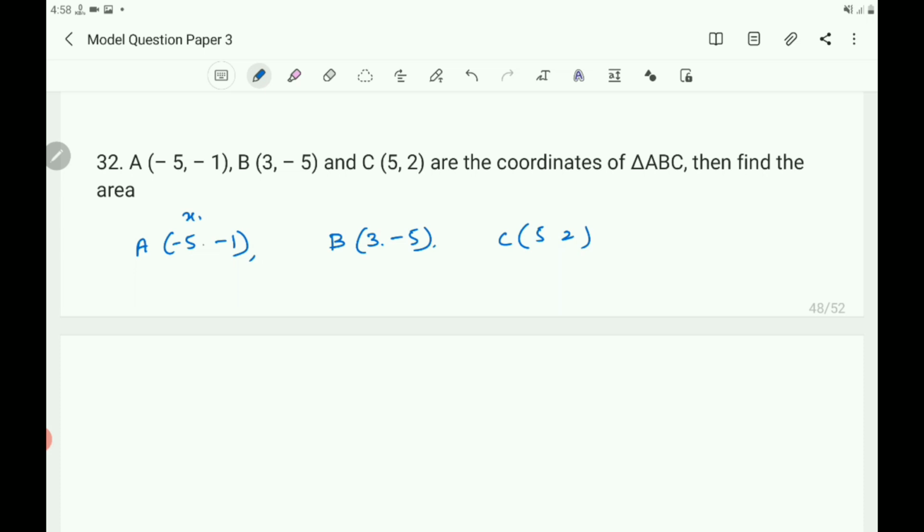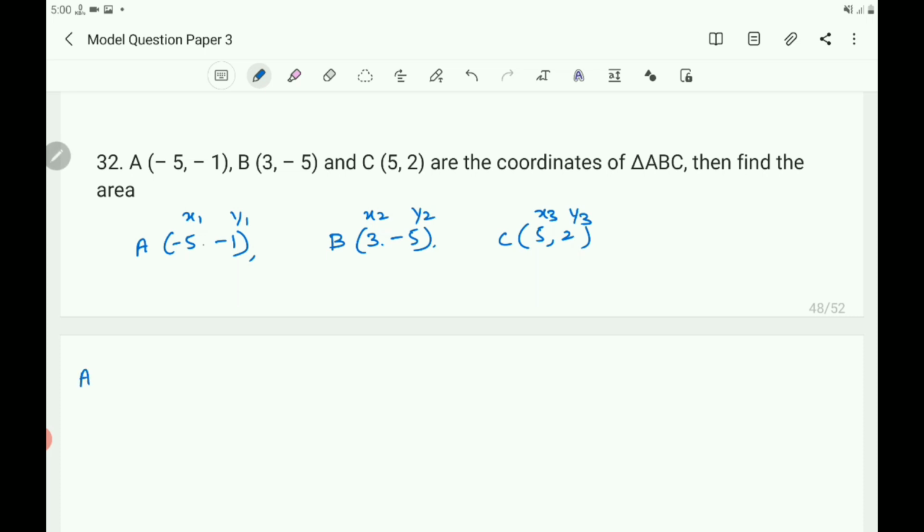So let us write x1, y1. These two are x2, y2. These two are x3, y3. Then what is the formula for the area of the triangle with the given coordinates?